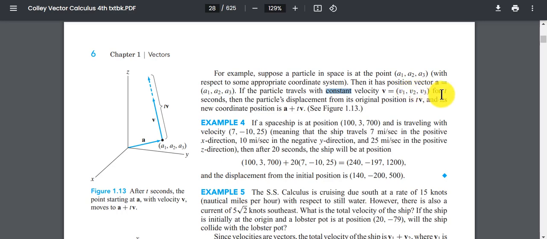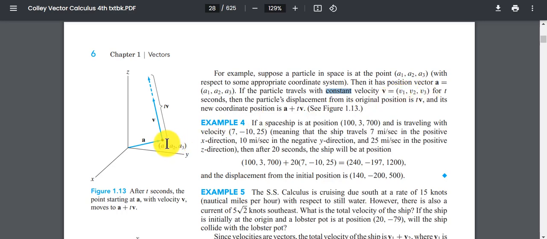It's moving at a constant velocity, and so we can say after 1 second, it's moved a certain amount. After 2 seconds, it's moved double that, and so on. So it's moving in this direction, but this can be written as having a component in the x, y, and z direction, and that's what this is about.